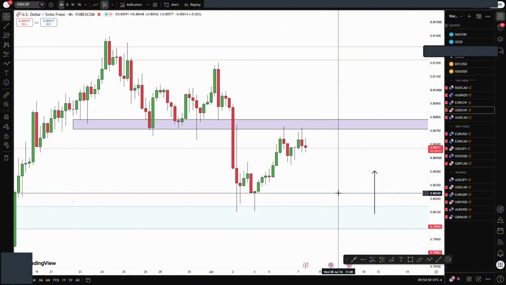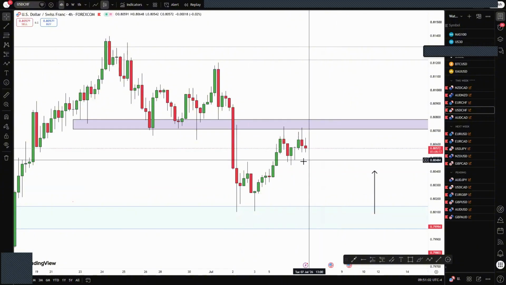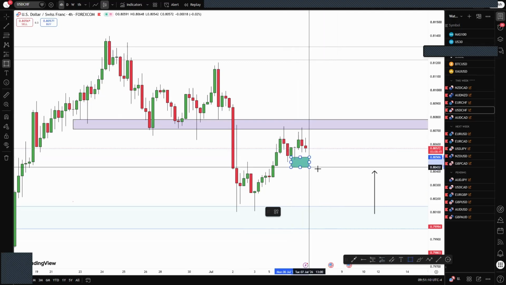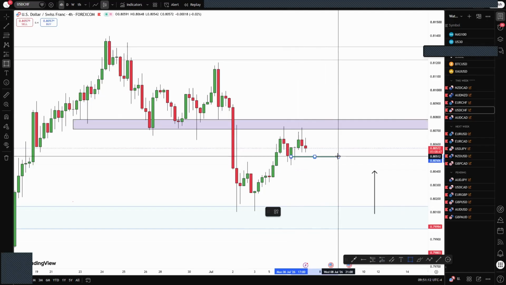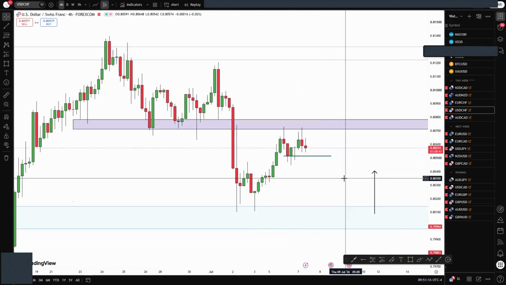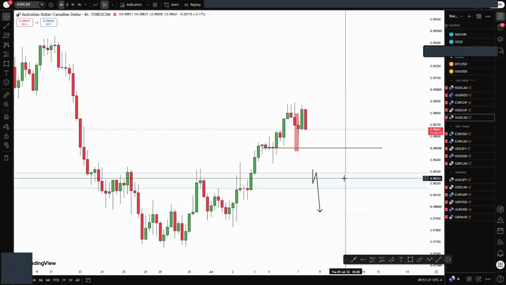USDCHF, again, price has rejected one more time. Let's see if price can break below this level. All right. Then we have AUDCAD.